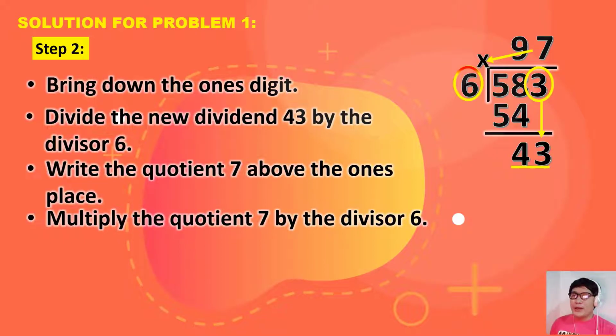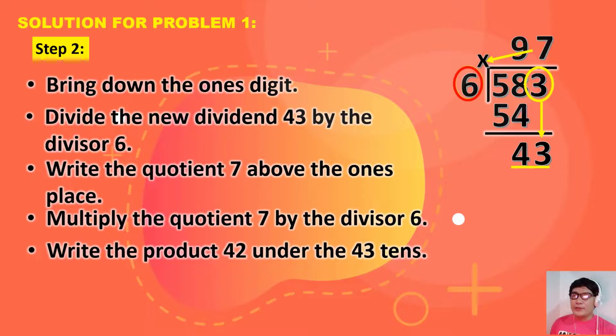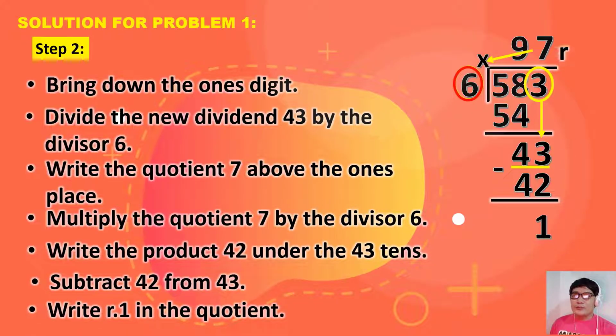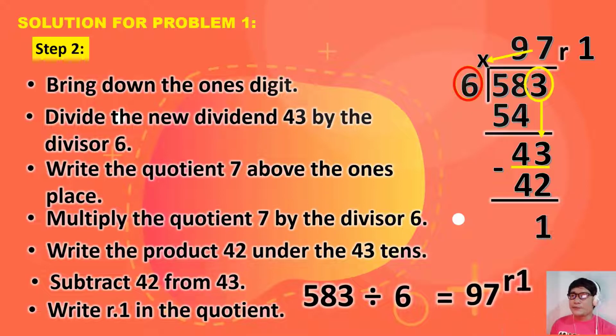Then write the product 42 under the 43 ones. Subtract 42 from 43. 43 minus 42 is equal to 1. Write remainder 1 in the quotient. So 583 divided by 6 is equal to 97, remainder 1.